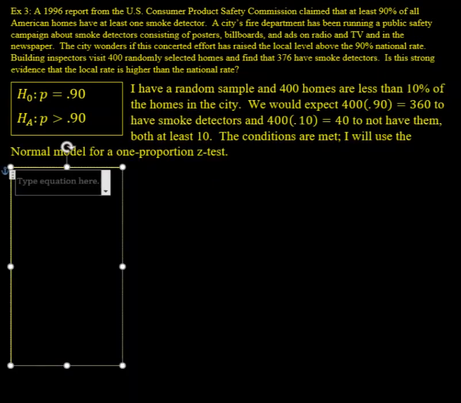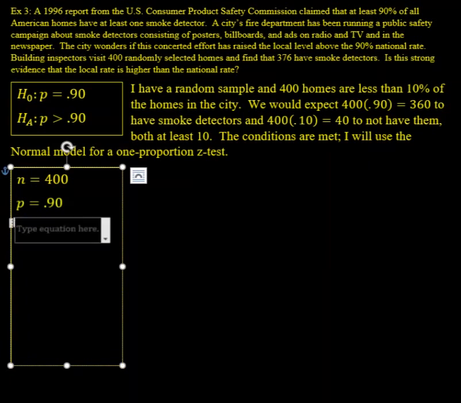So n equals 400. Our population proportion will be 0.90. And our p-hat will be the 376 from our sample divided by the 400 homes surveyed, which is 0.94.